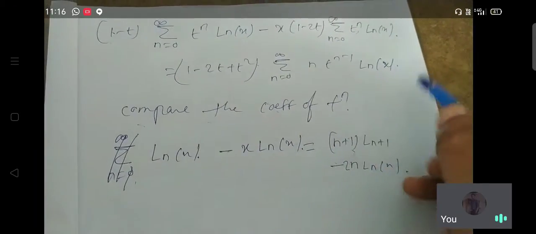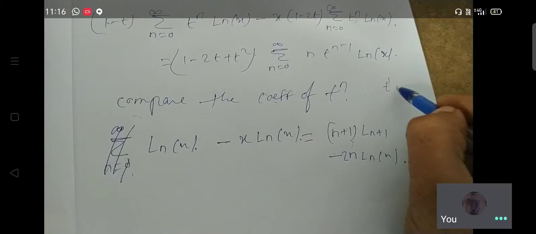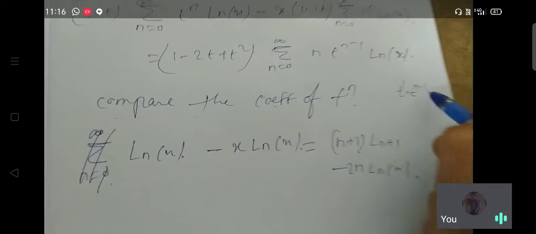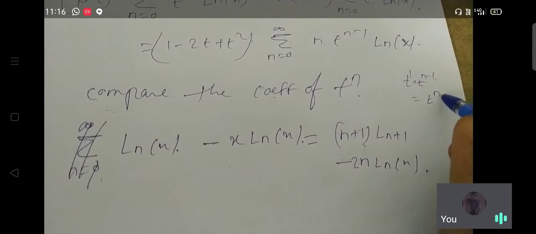So here t power 1 into t power n minus 1, which is equal to t power of n.